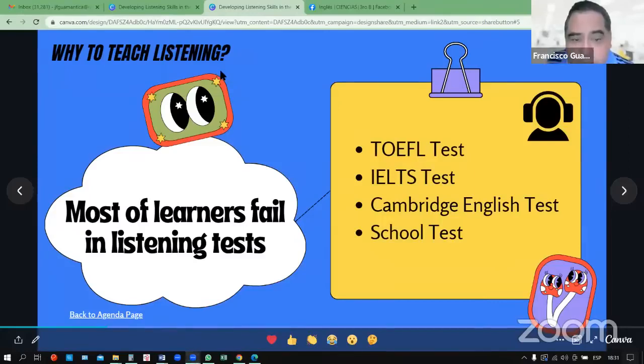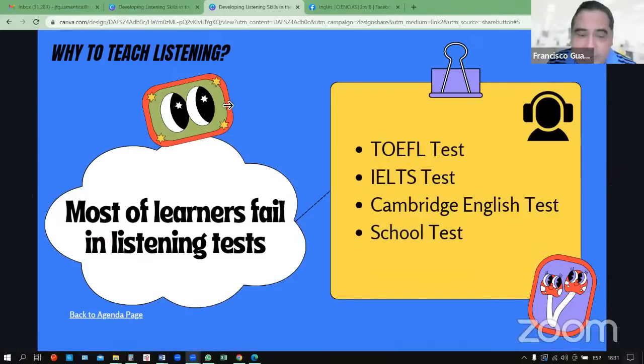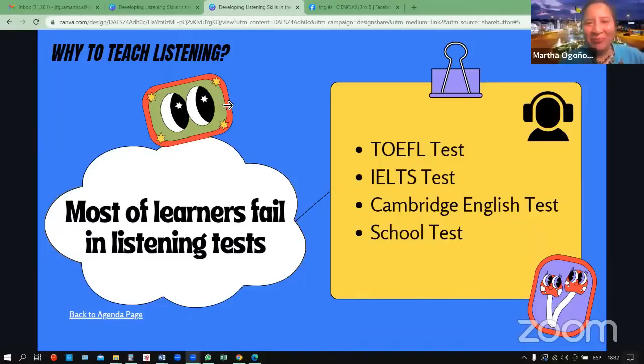Why teach listening? Most learners fail in listening tests. What do you say about this, Marta? So in our country, it's mandatory for the teachers to take tests like TOEFL, IELTS, or Cambridge English, the B2 First, or the CAE, or the CPE.